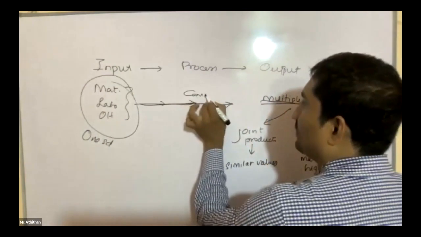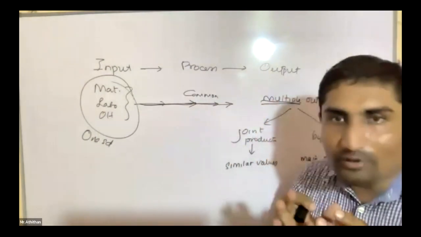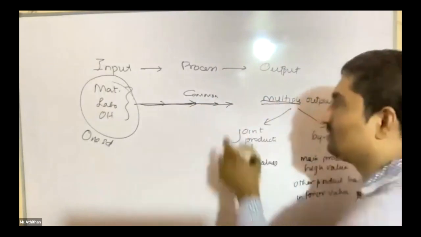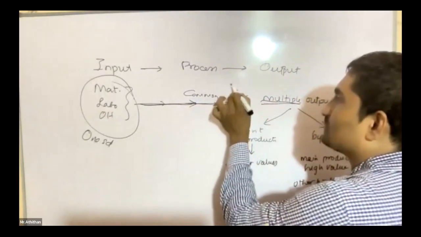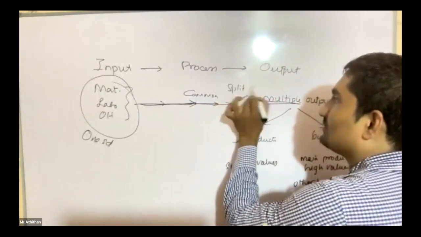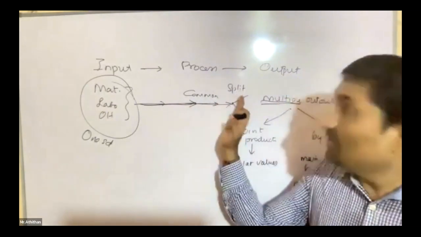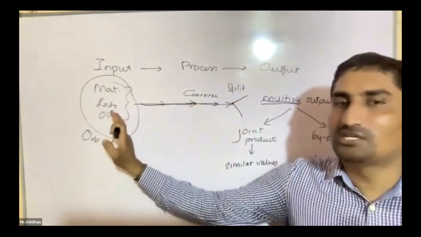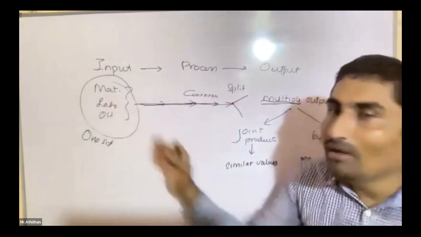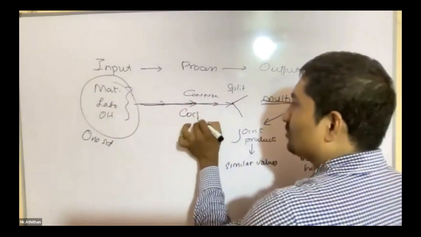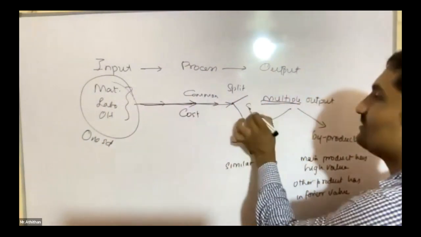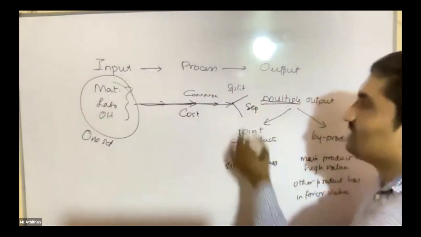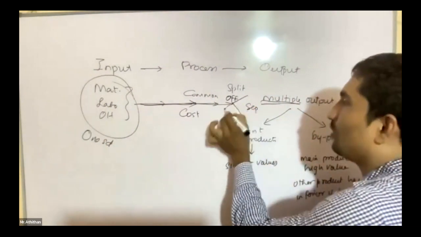Common. At a certain point, this will become multiple. Split. Right? So before the split நடக்கிறதுக்கு முன்னம் அதை வந்து நாங்க common cost என்று சொல்லுவோம். அதுக்கு பிறகு வந்து separate. இதை வந்து நாங்க சொல்லுவோம் split of point.